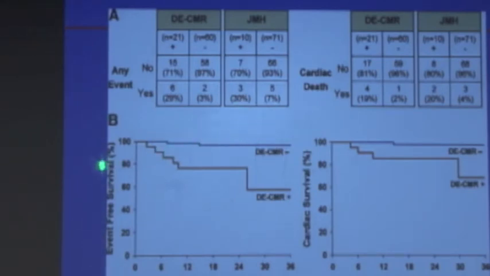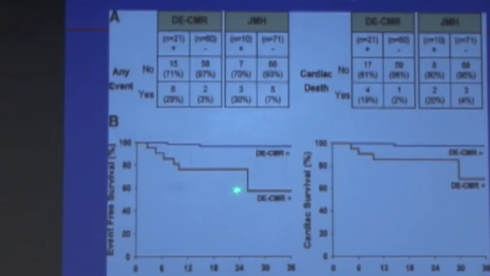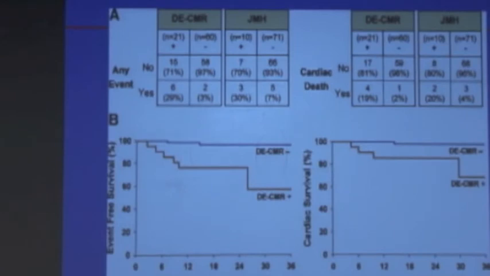Here we see event-free survival with follow-up duration, and then cardiac survival with follow-up. If they had no delayed enhancement, they probably didn't have cardiac sarcoid, and they did quite well. If they did have delayed enhancement, they definitely had cardiac sarcoid, and they did much worse. There were a couple of patients where biopsies of the septum were negative, but they had a lot of delayed enhancement.